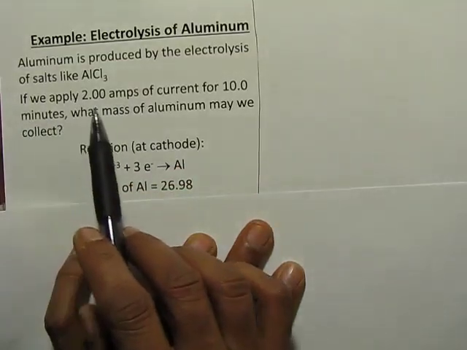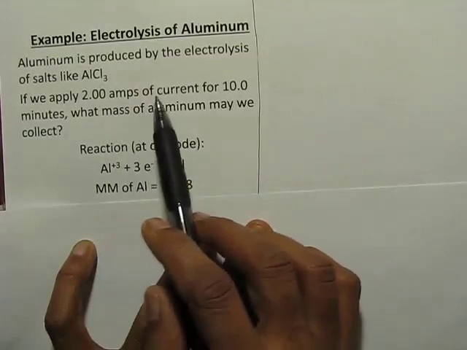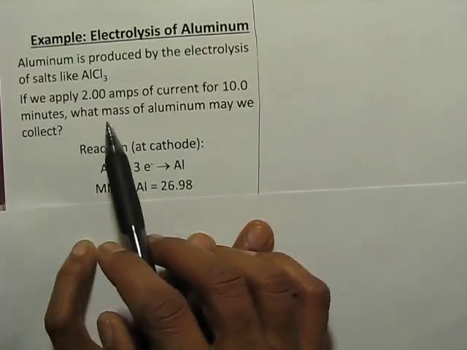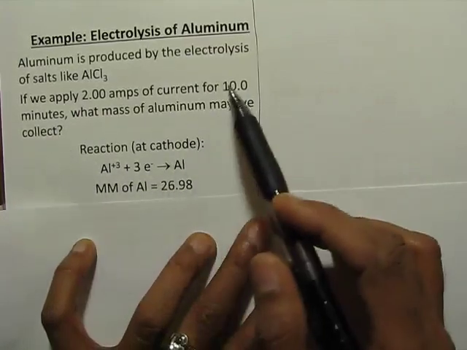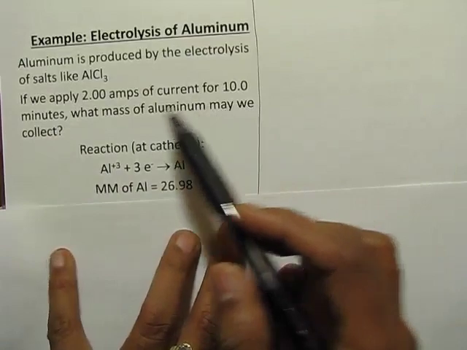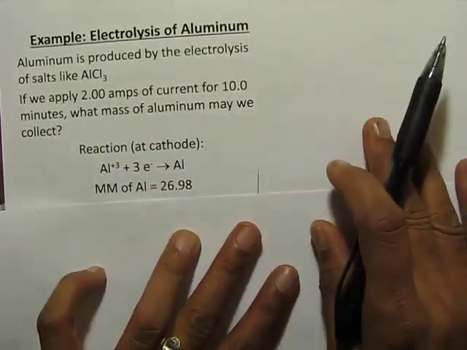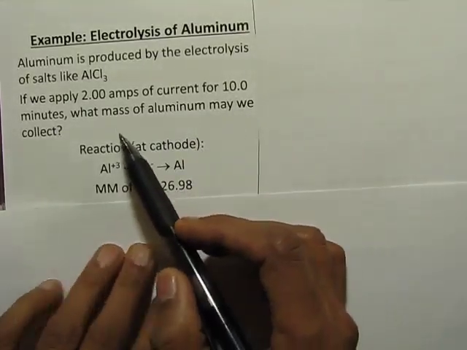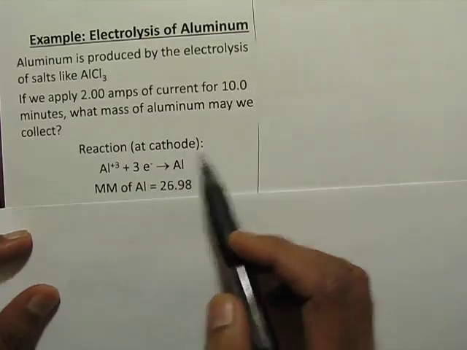If we apply 2.00 amps, which is ampere, of current for 10.0 minutes, what mass of aluminum may we collect? So 2 ampere of current is provided for 10 minutes in the electrolysis process, and we have to find out how much aluminum we will get on the cathode.